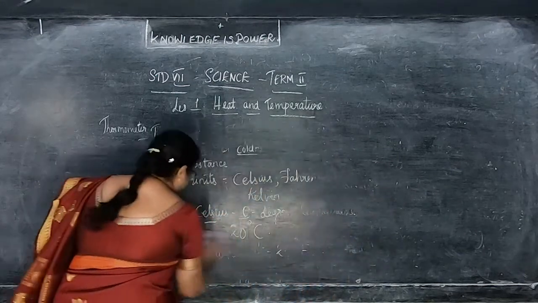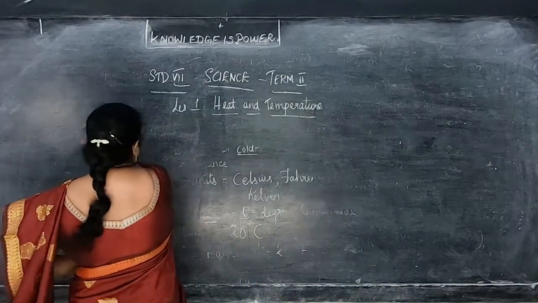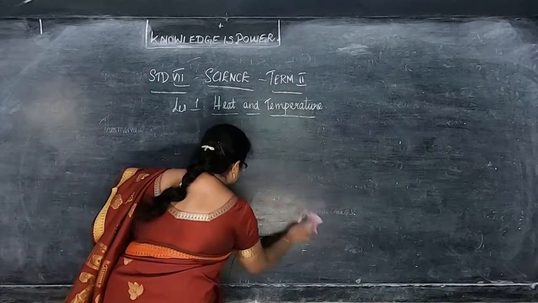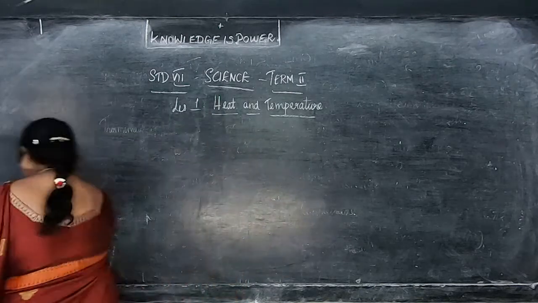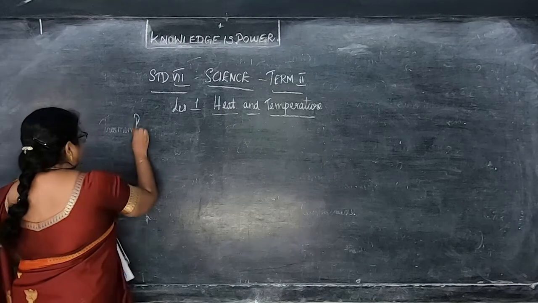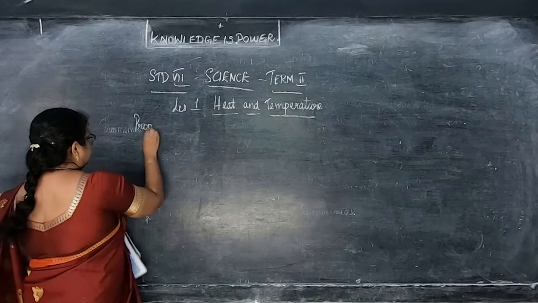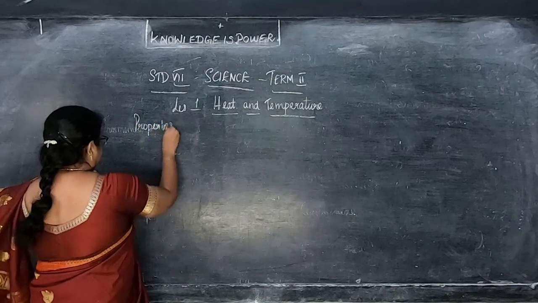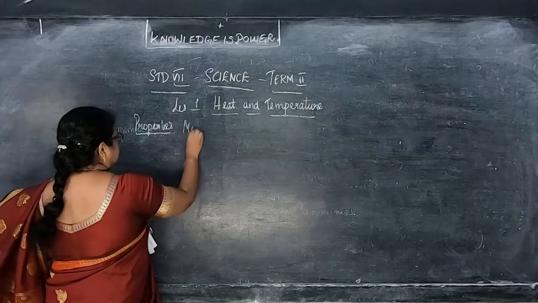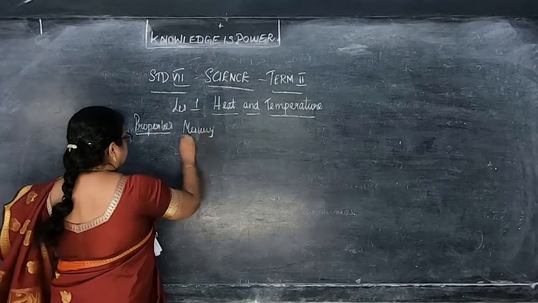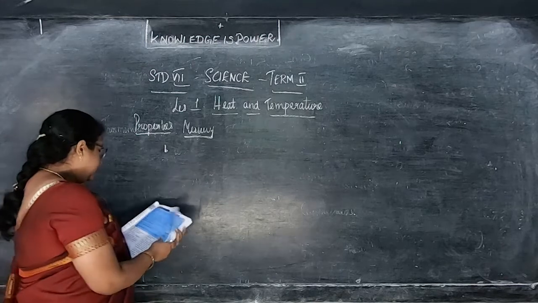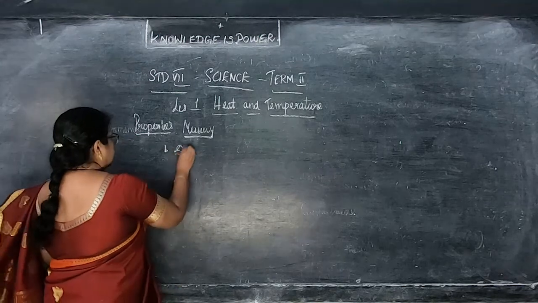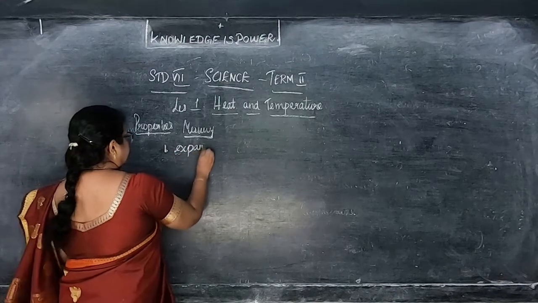High boiling point, that is 357 degrees Celsius. These are the properties of mercury. First, its expansion is uniform.